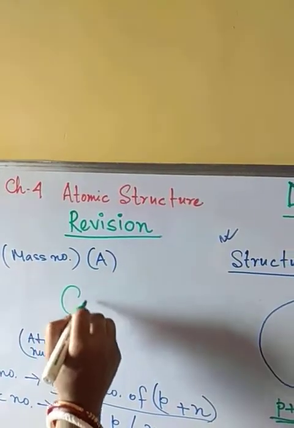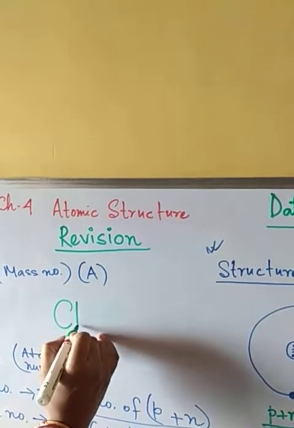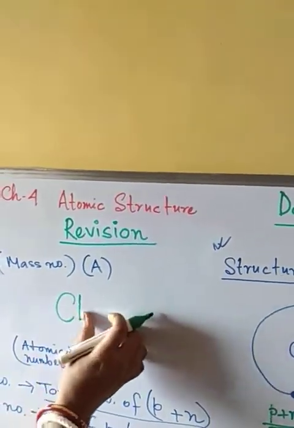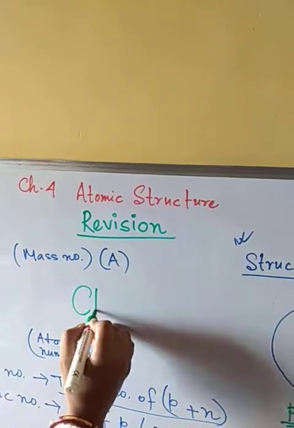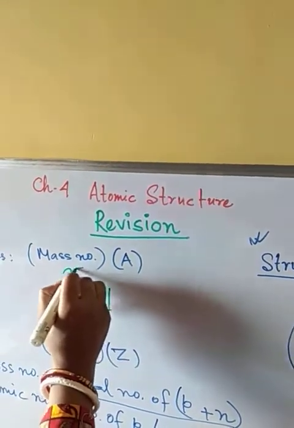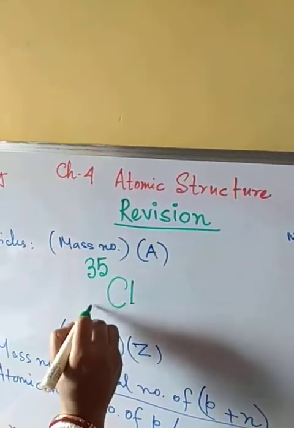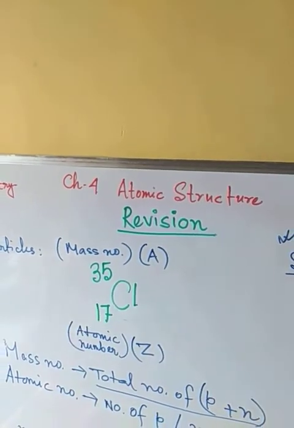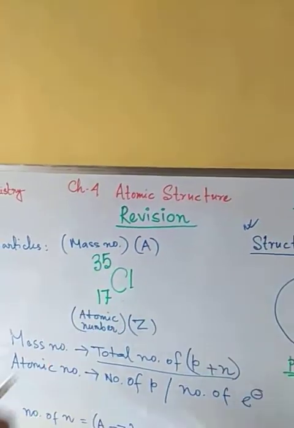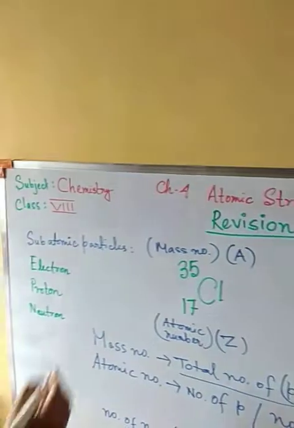Now let us draw the structural representation of chlorine. Chlorine's mass number is 35, and atomic number is 17. From this we can get the number of electrons, protons and neutrons.